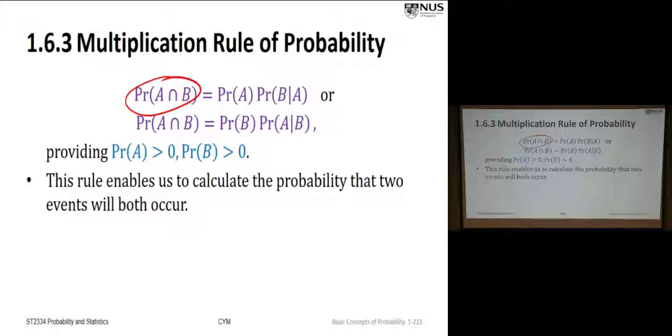We learned it: counting. Count the number of sample points corresponding to A intersect B, and divide by the number of sample points in S. That will give you the probability of A intersect B.